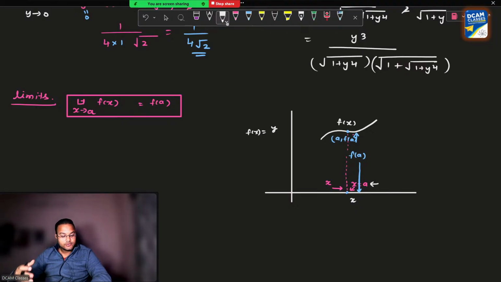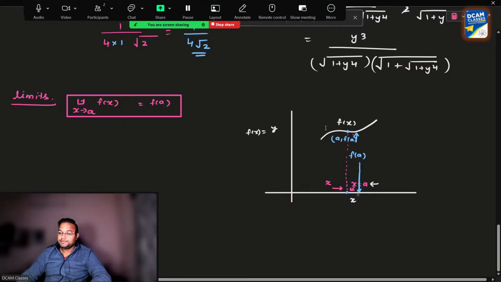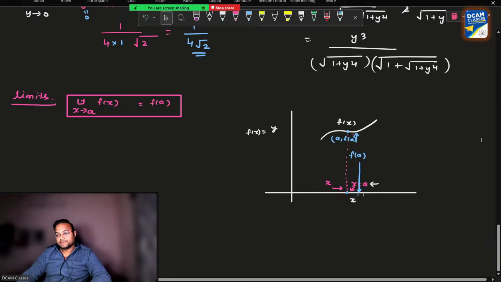And this graph, later you will learn, is actually looking like continuous. Continuous means no breakage.